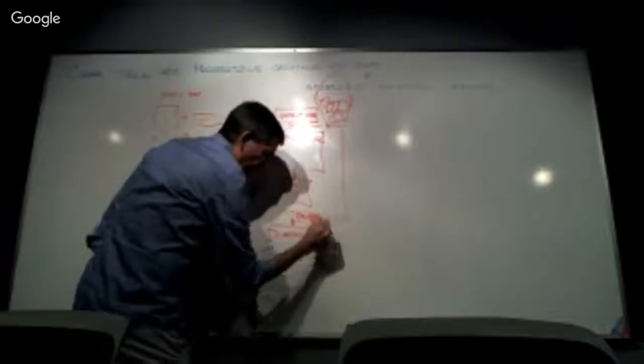The discriminator is fed images, real images from the bucket, and this is a random feed. It doesn't have to be random.